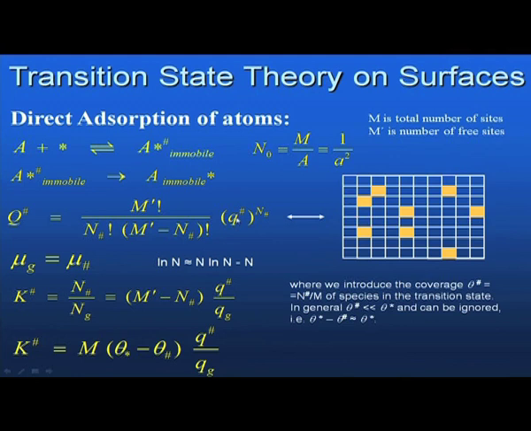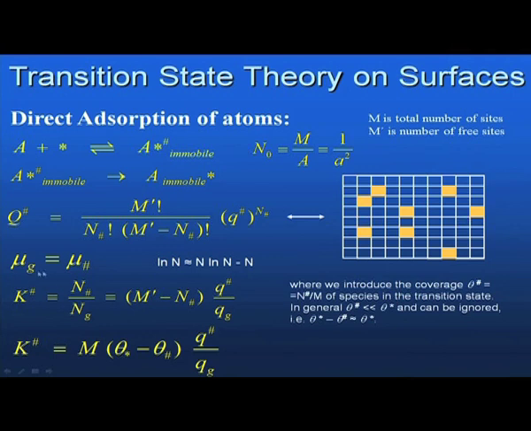Therefore, your partition function will be Q double dagger to the power n double dagger, and applying the same thermodynamical principle that the chemical potential in the gas phase and the chemical potential in the adsorbed state, that is your double daggered state, mu double dagger, are equal, and applying Stirling's approximation that ln n is equal to n ln n minus n for large n, we get the corresponding equilibrium constant for the distribution between the gas phase and the adsorbed phase.